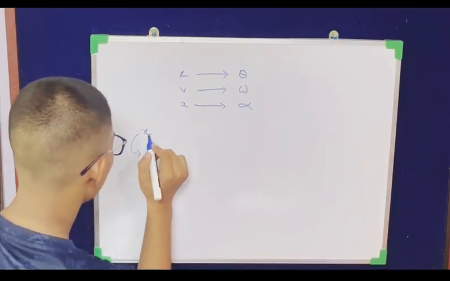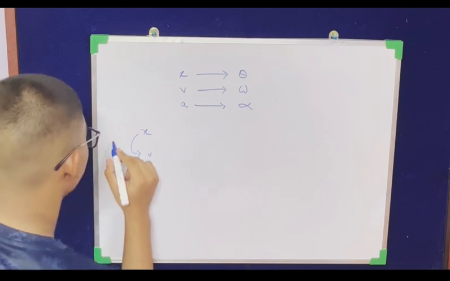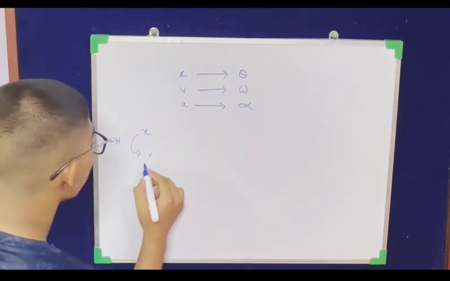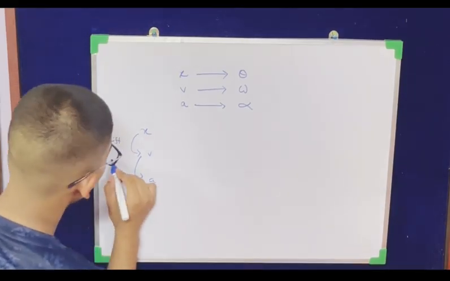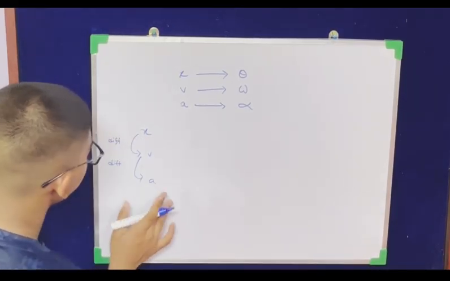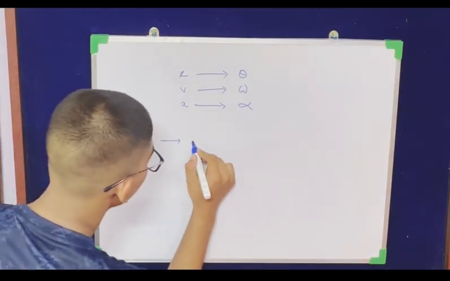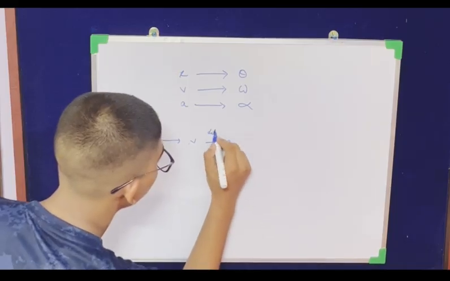If we want to get velocity from displacement, we used to differentiate. Again, if we want to get acceleration from velocity, we used to differentiate again, right? Like this.